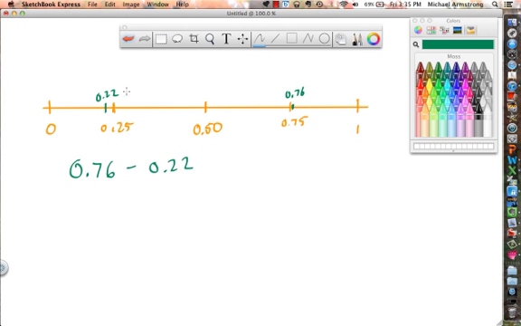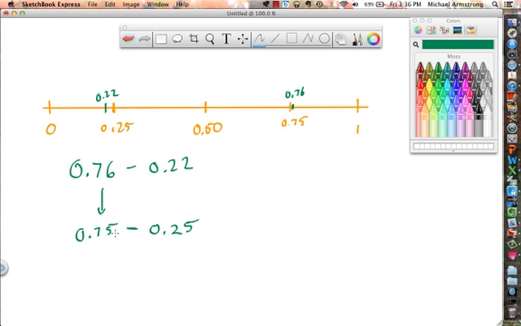Okay, and we go ahead and we subtract, but we're going to use the benchmarks instead. So the 0.76 rounds down to 0.75. And the 0.22 rounds up to 0.25. Okay, 25 hundredths.